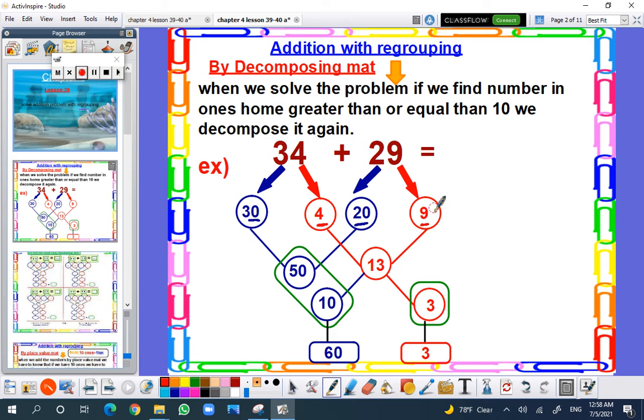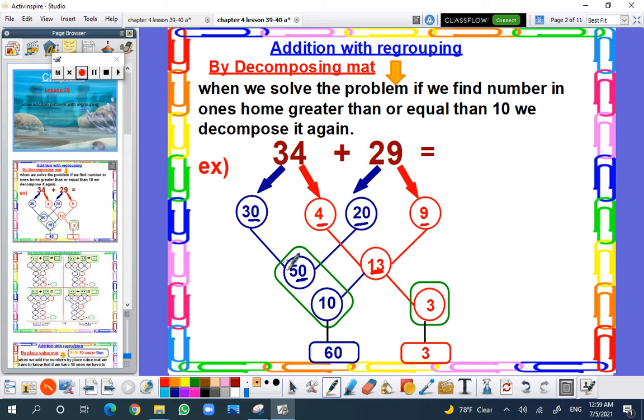Don't forget, in addition we start adding the ones together. So 4 plus 9 equals, excellent, 13. So I'm going to write 13 on the red ball. Then 30 plus 20 equals 50. So I'm going to write 50 on the blue ball, which represents the tens.